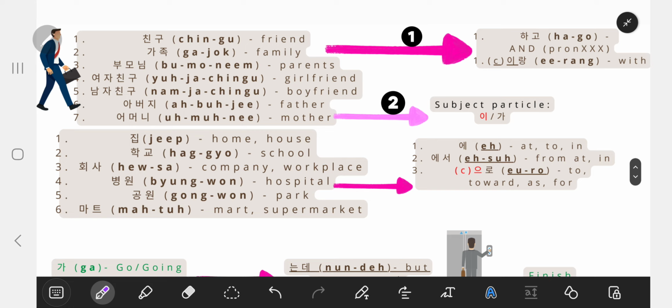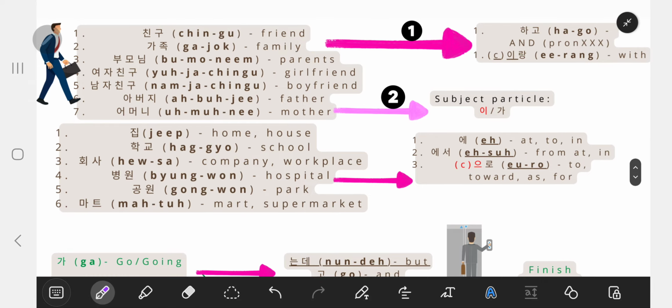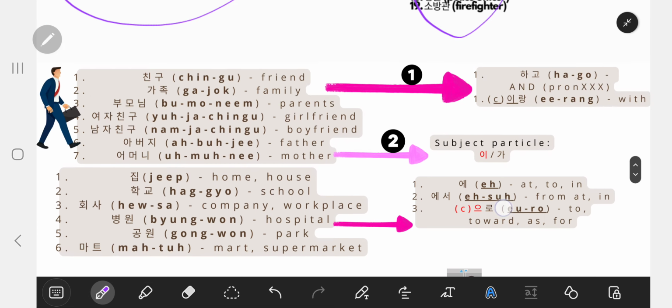Okay, and so let's do another one. If I say something like this, my father went to his work, or my father went to the company or workplace, 회사. So my father went to work, but my mother went to the supermarket. Or let's say, and my mother went to the supermarket.